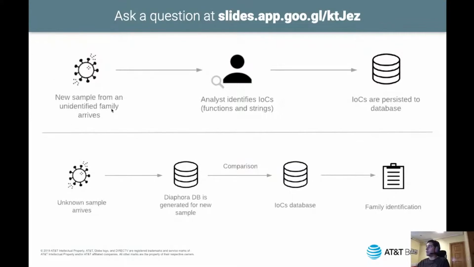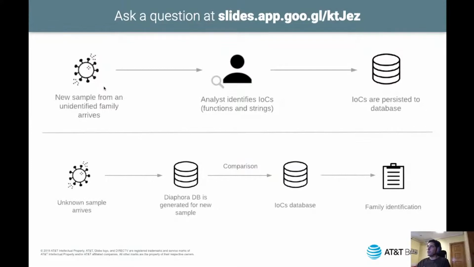Okay, and this is a schematic overview of how this project would work. It has two phases, two different processes. The first one you need to do before the second one. A new sample that is unrecognized by the system arrives. This sample is sent to the analyst, and the analyst would then identify some indicators for this sample, that can be either functions or strings, and then those indicators are saved to a database with Diaphora.